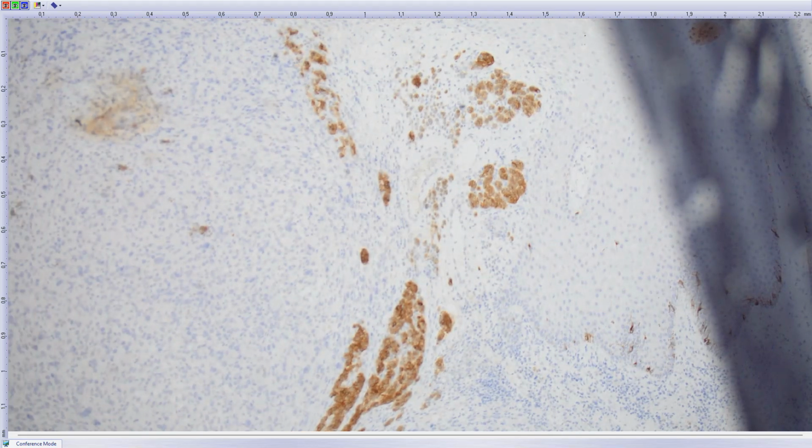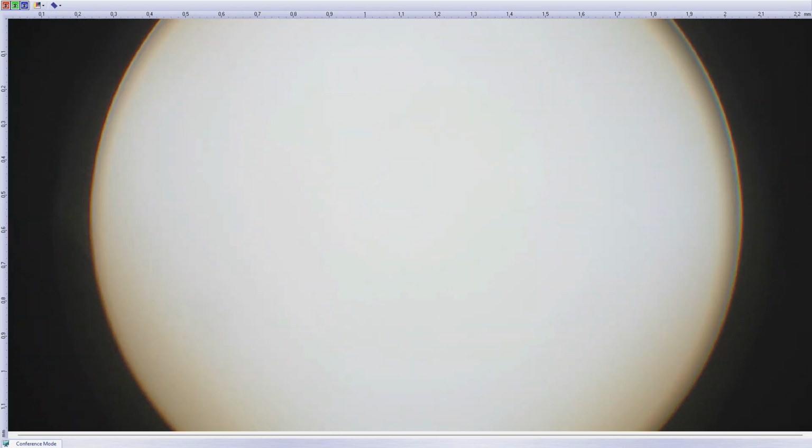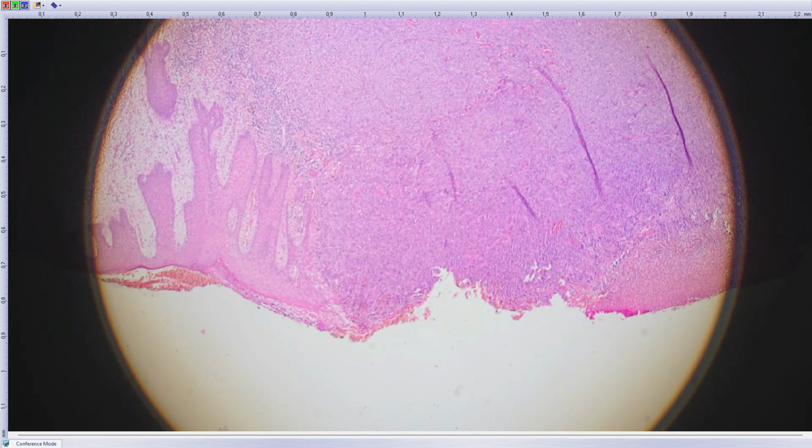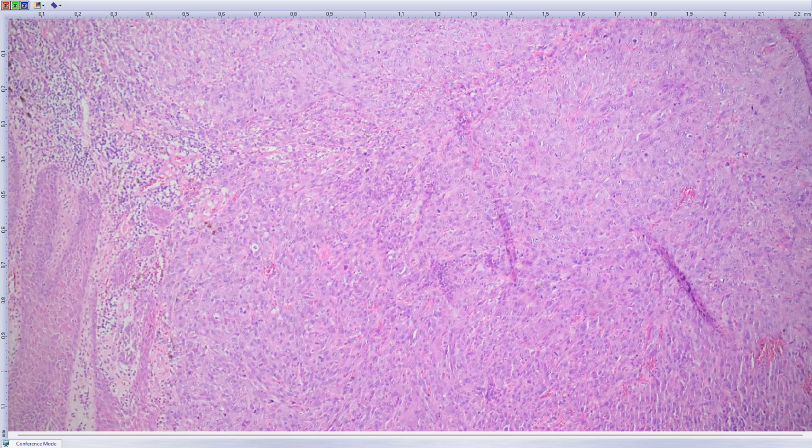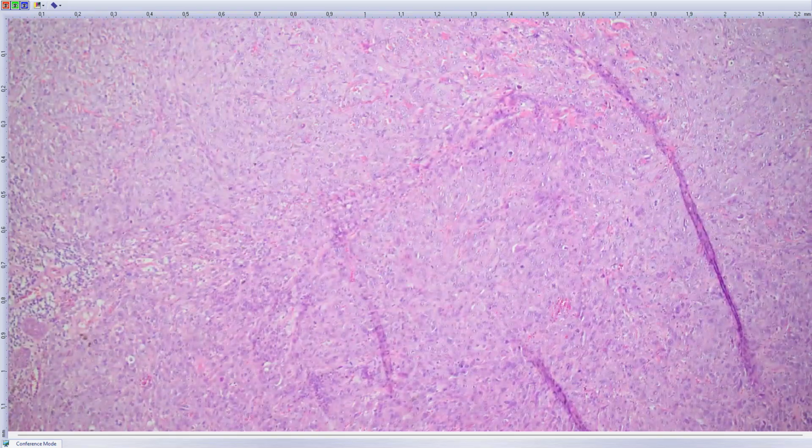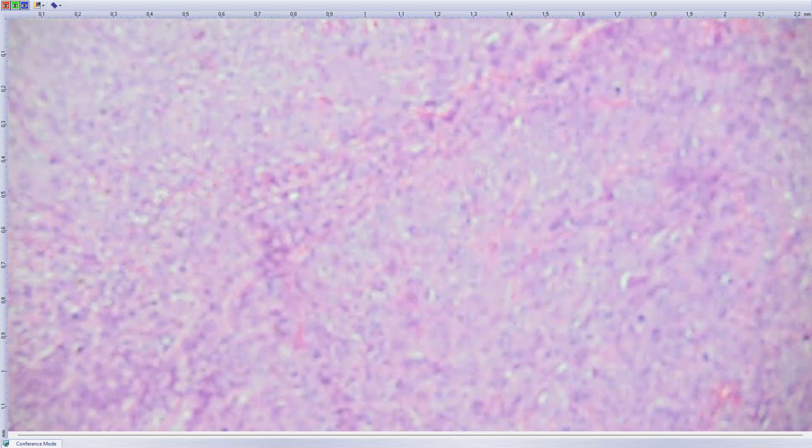So this is most likely or very suggestive of a junctional nest in a melanoma. And therefore, the surrounding tumor is highly suggestive of so-called dedifferentiated melanoma, where you have melanoma cells that have lost the expression of normal melanoma markers.